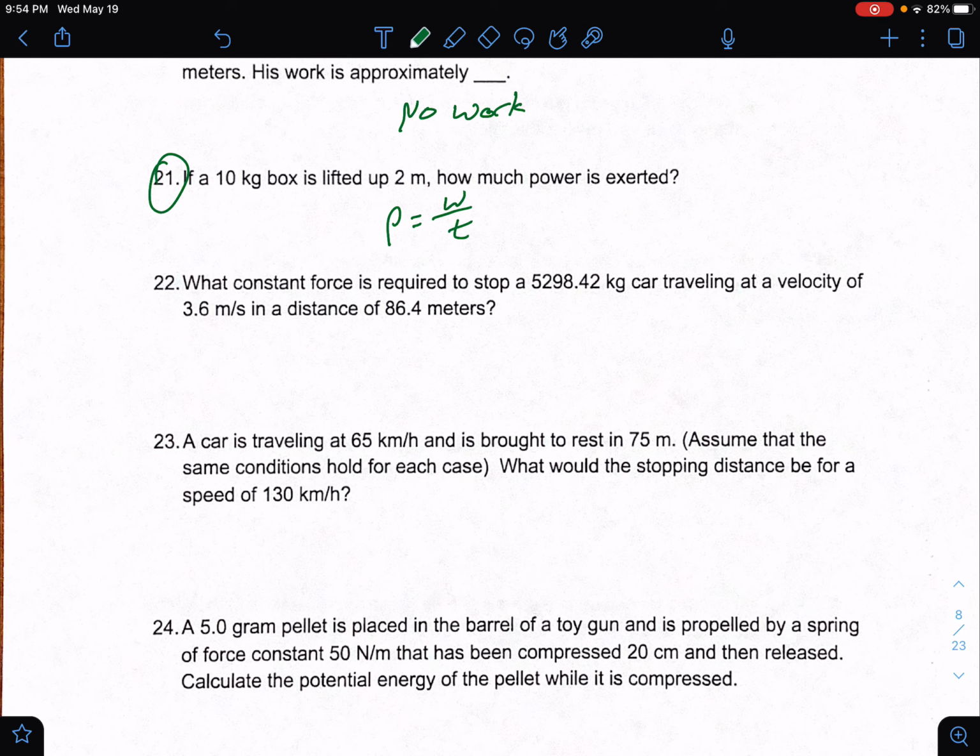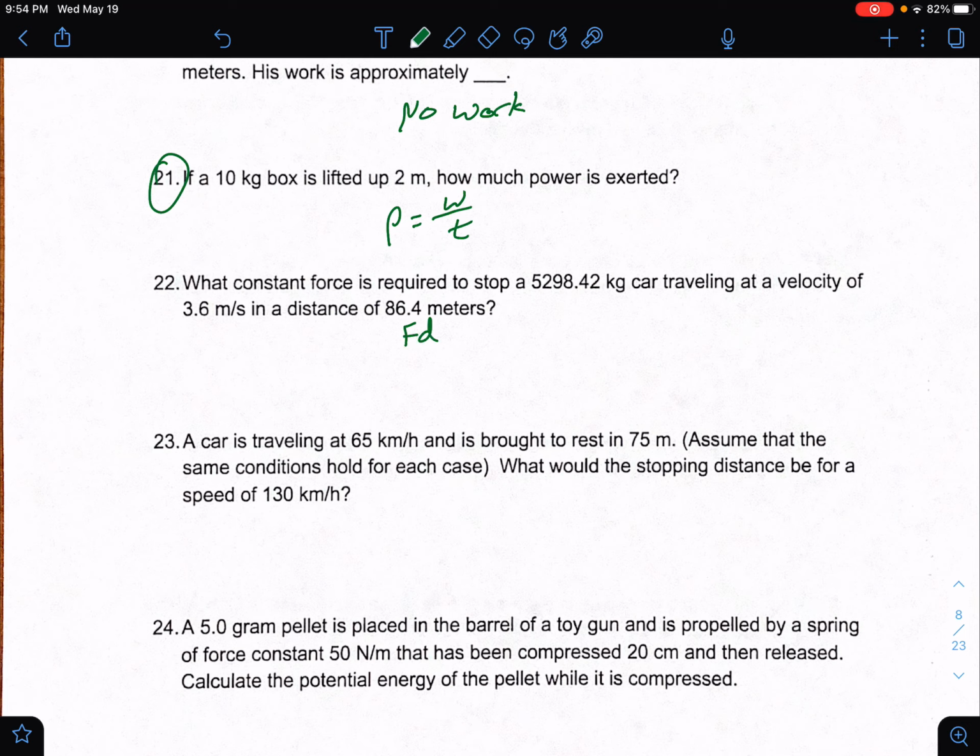22, what constant force is required to stop a 5,298.42 kilogram car traveling at a velocity of 3.6 meters per second in a distance of 86.4 meters? Okay, you have a lot going on here, so I'm going to give you this equation. Just use this if you have all this.